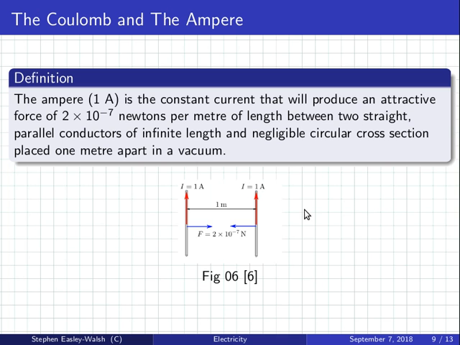The reason the definition is so tough is because it needs to be like this to make the units work, the amp and all the units in electricity. All the other definitions are actually easier because this one is so hard.